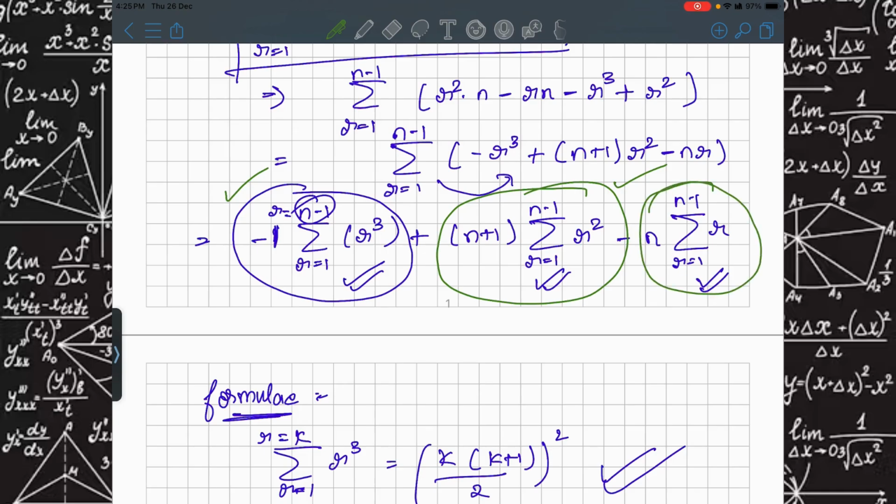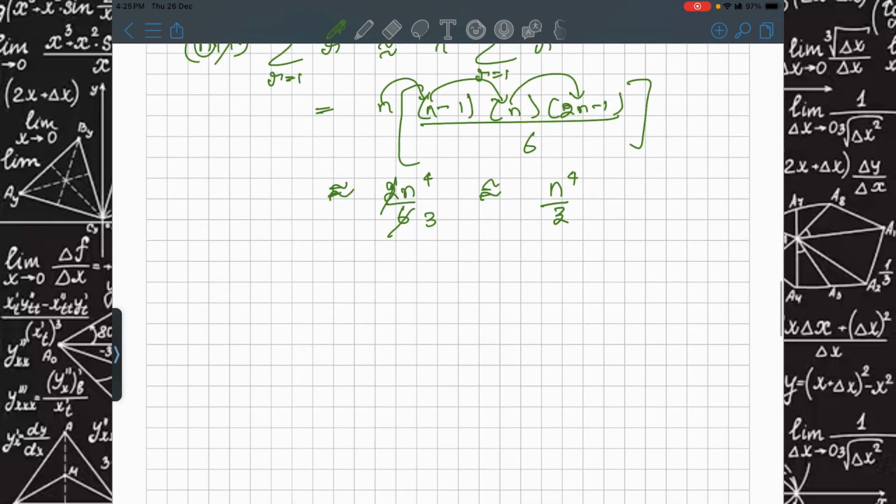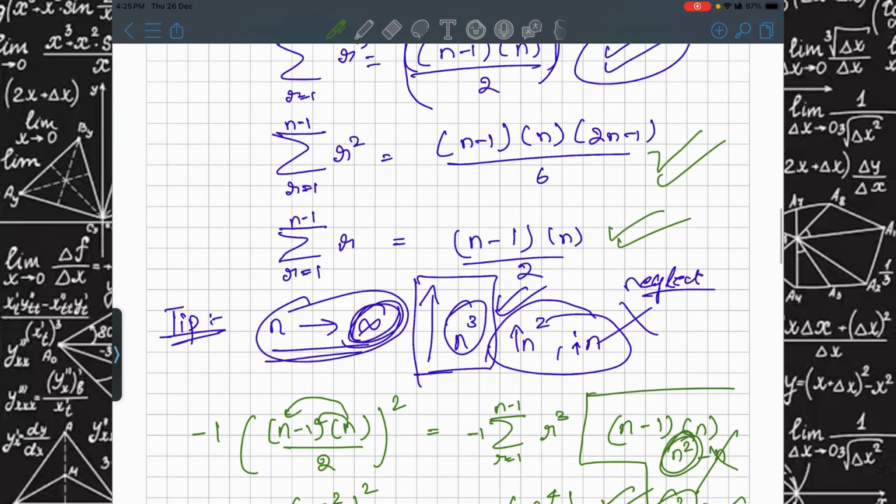And the last, we are going to solve this. Okay, so n times the summation of r equals 1 to n minus 1 of r. Keep this n as it is, and we have already solved for this.